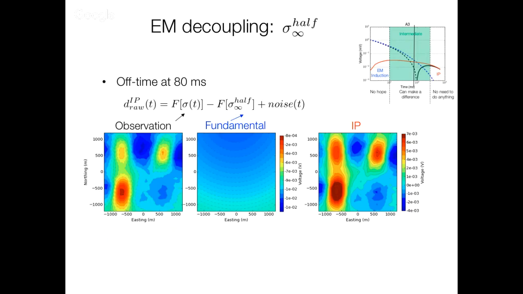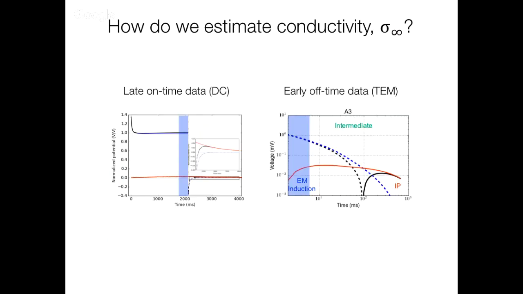So that's kind of the motivation here. Maybe we could just take out a half space conductivity and see what we get, and we find that we make a change, but not sufficient. We still have this big chargeable body up here.